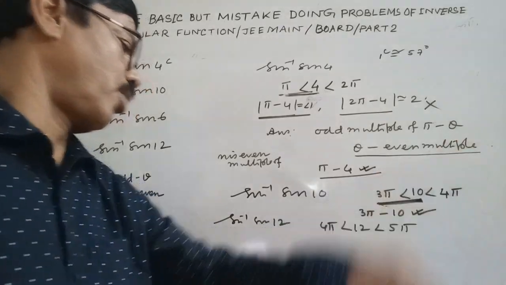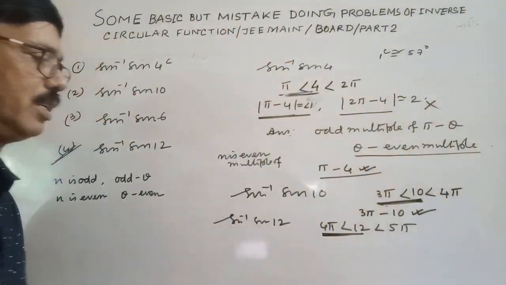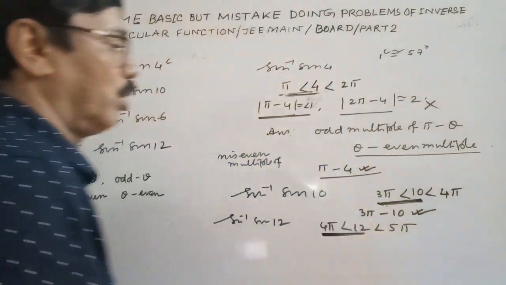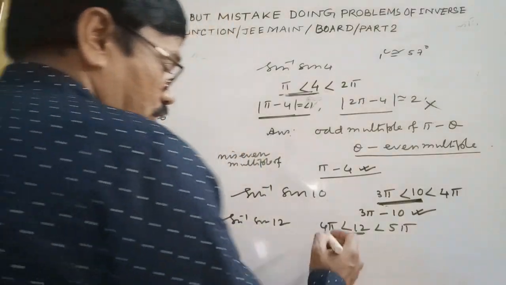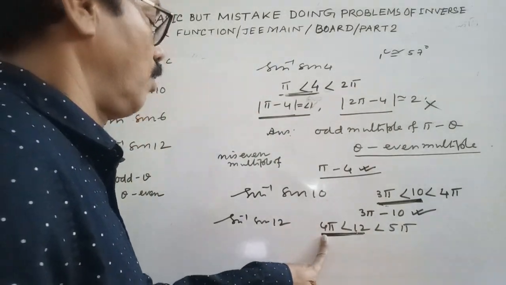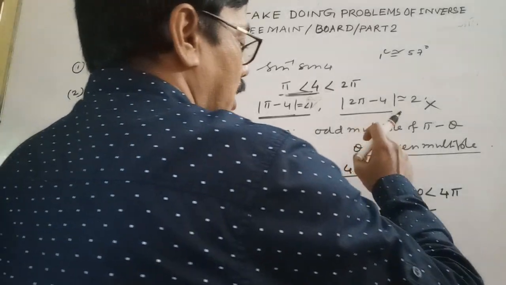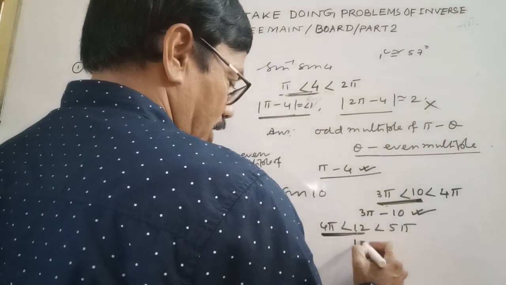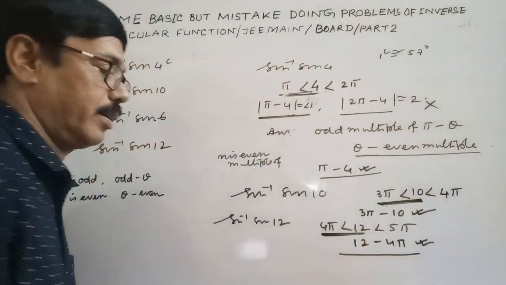So this difference is small. Now look at the rule. This is an even multiple of pi. If n is an even multiple of pi, the answer is theta minus even multiple. What is theta? 12 minus 4 pi. So this should be noted.